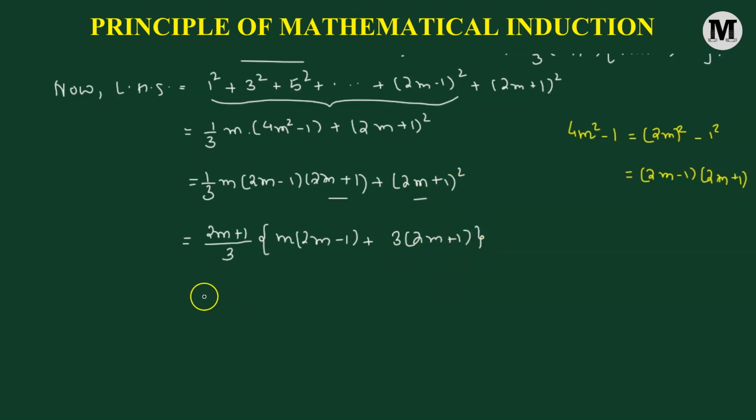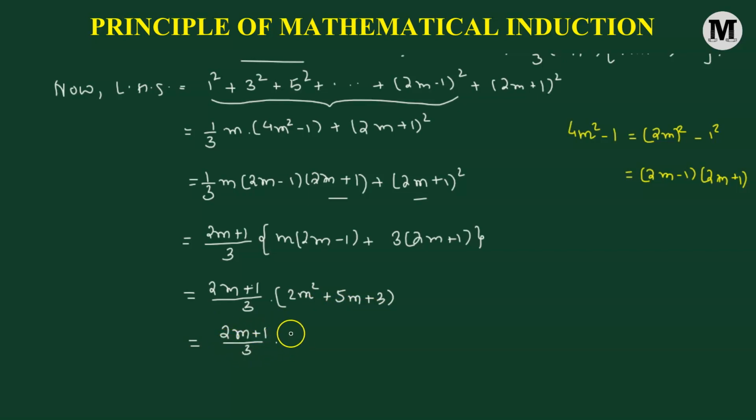Okay, now let's further simplify this. This is going to give us (2m plus 1) divided by 3, and when we simplify this, it is now going to give us 2m squared plus 5m plus 3. Now this is a simple quadratic expression. We can factorize it, and that's going to give us (2m plus 1) over 3.